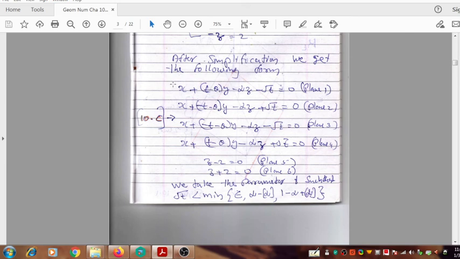This is the first equation, plane 1, and then plane 4, whose equation is x plus (t minus theta) into y minus alpha z plus root t equal to 0. When you compare the first and the fourth equations, the difference is only in the sign of root t.